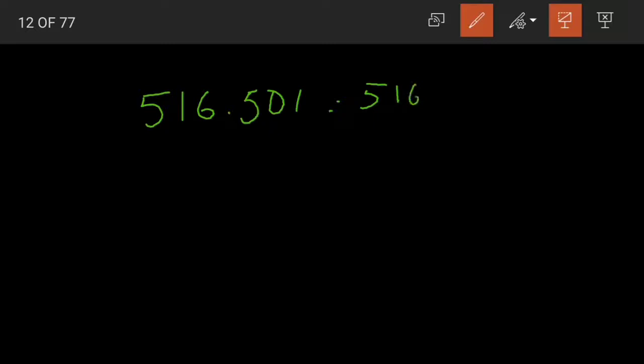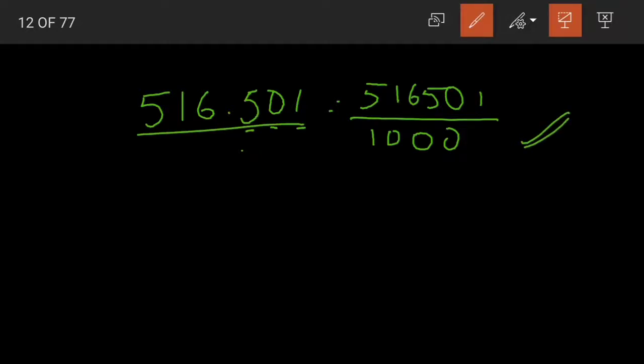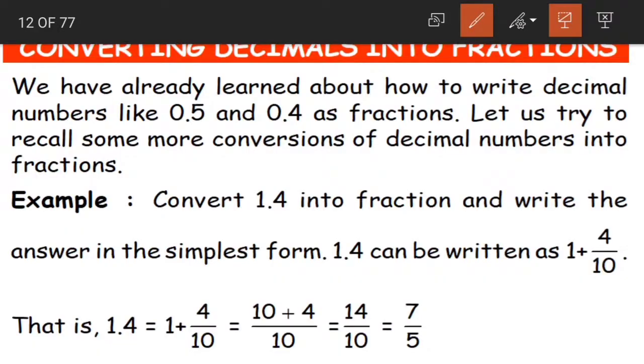First write the number as it is without any point, divided by 1, and after 1, how many decimal places do we have? We are having 3 decimal places. So that is why after 1 we need to place 3 zeros. Understood, children? 516501 over 1000. This will be our fraction, decimal converted into a fraction.